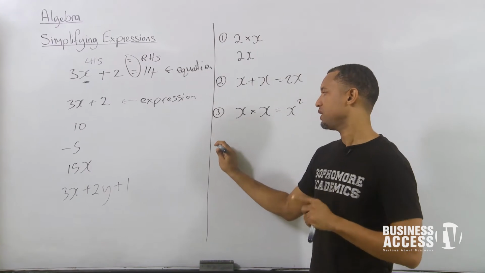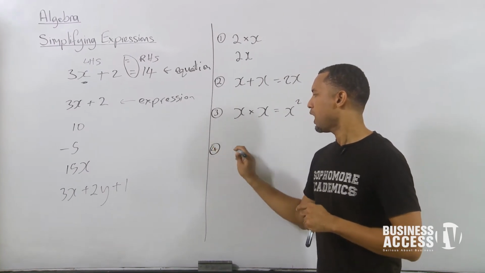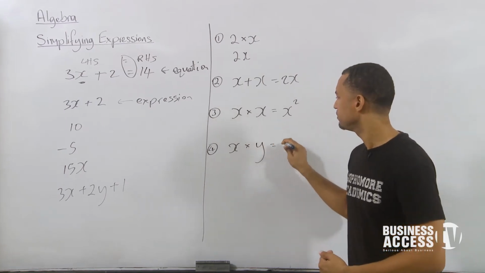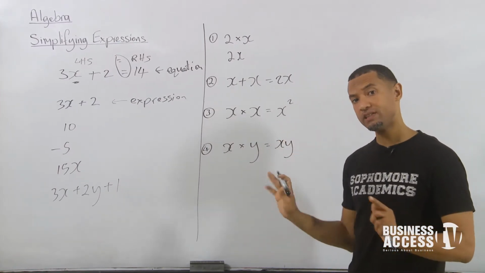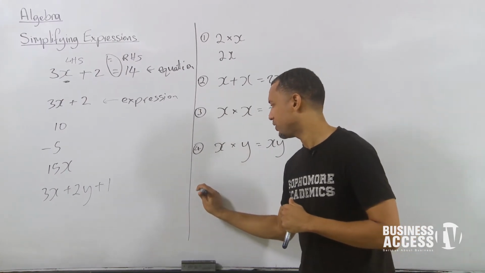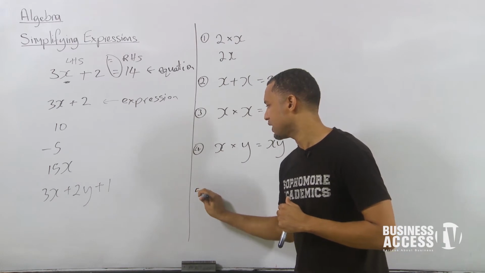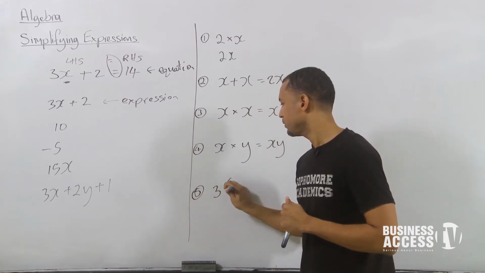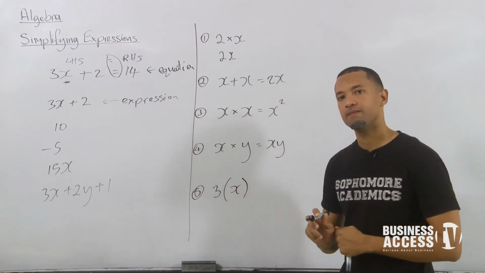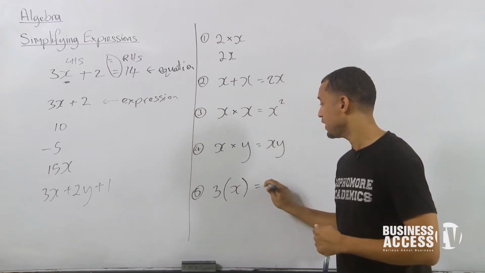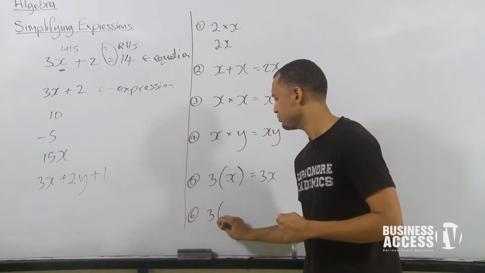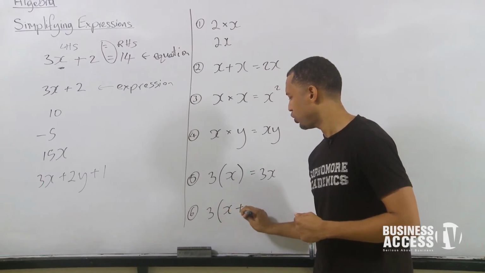All right, let me ask you, what is x times y? x times y would be simply xy. So when you say xy, that is what it means. Let me go another step further. What is, for instance, 3 bracket x? This would be 3 times x, right? So we're building. So let us step it up a notch. What is 3 times x plus 1?